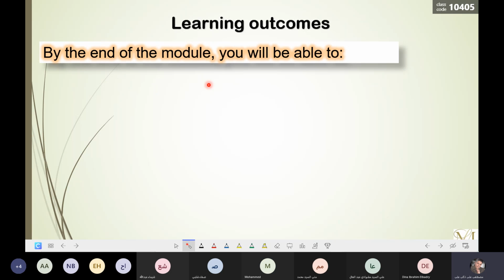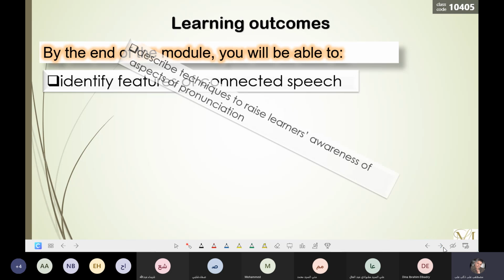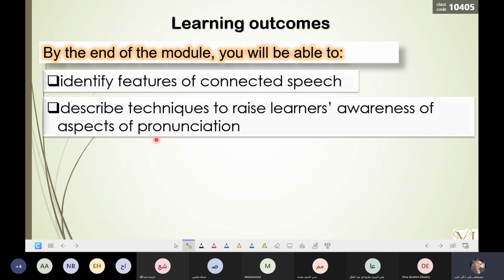Hopefully, by the end of this session, we'll be able to identify features of connected speech. This is a very important topic, of course, and describe techniques to raise learners' awareness of aspects of pronunciation. And I want you to notice here that the focus is on learners, not teachers' awareness. We are going to talk about learners' awareness of aspects of pronunciation.